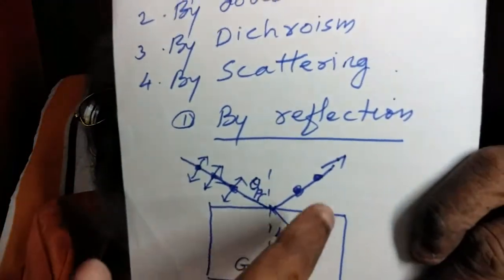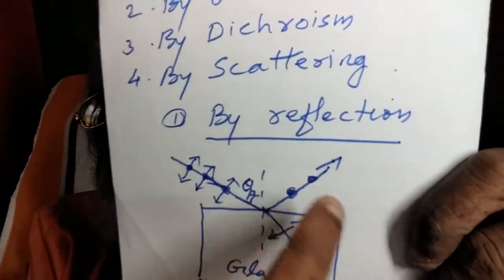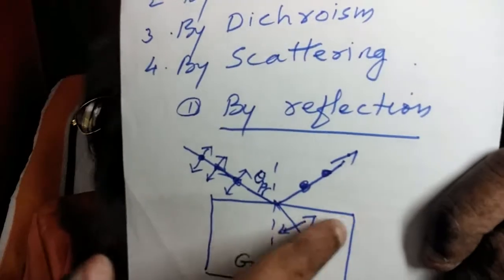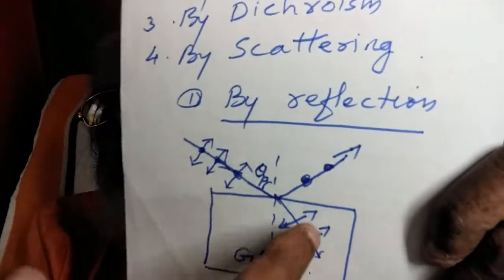That means vibrations in these two beams are mutually perpendicular. Here vibrations are like this, here vibrations are like this. Such two plane polarized beams are called orthogonal, mutually perpendicular, forms of polarized light.